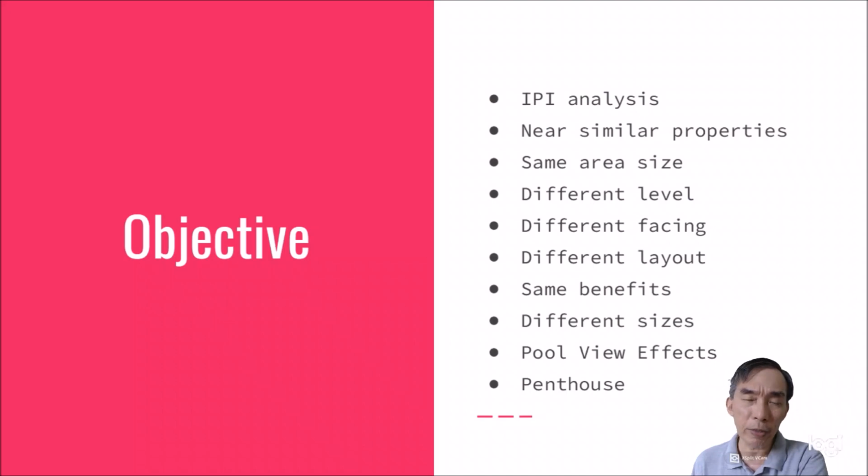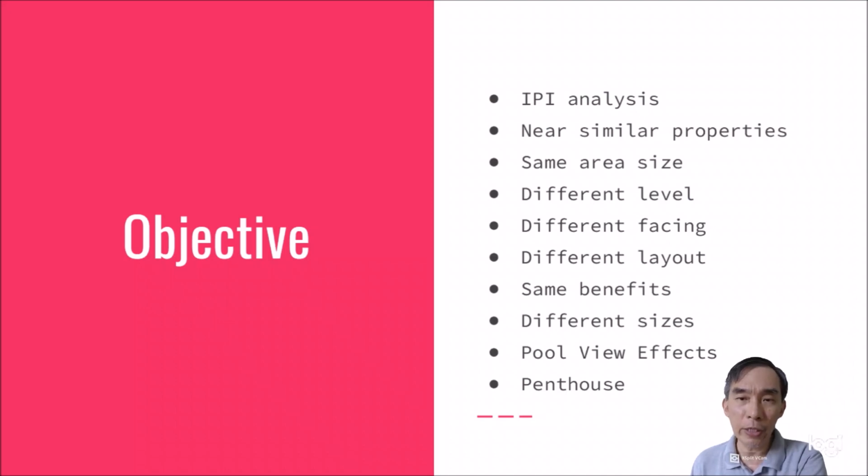The same benefits may have different pricing because of different ways of looking at the properties, or there are views like a pool view effect, or it is a penthouse.